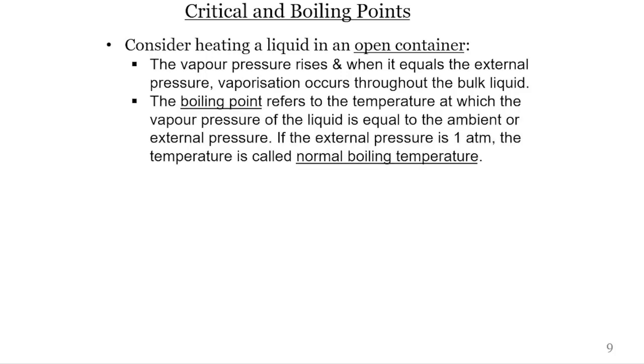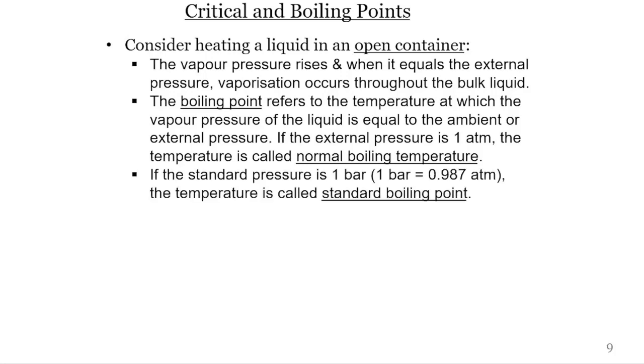Now, the boiling point refers to the temperature at which the vapor pressure of the liquid is equal to the ambient or external pressure. If the pressure is 1 atm, we talk about normal boiling point or temperature. If it is rather 1 bar, we talk about standard boiling point or temperature.